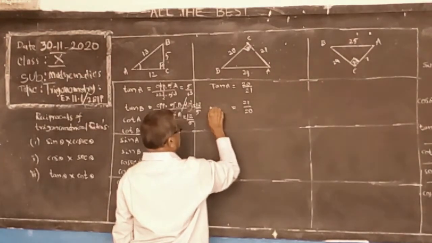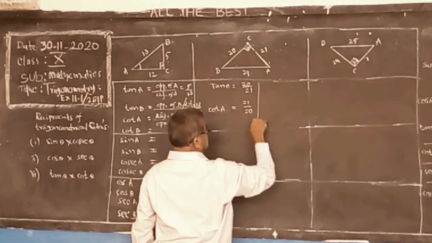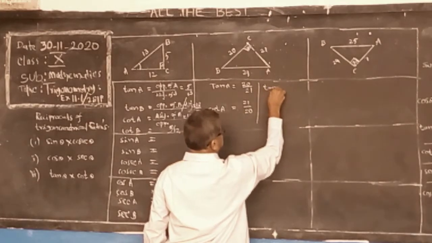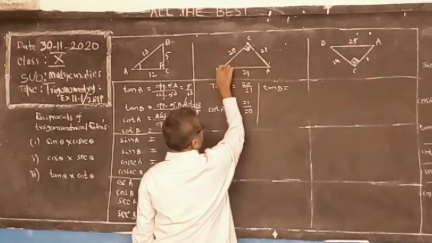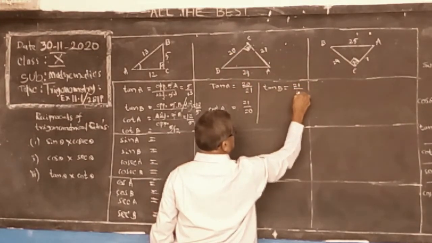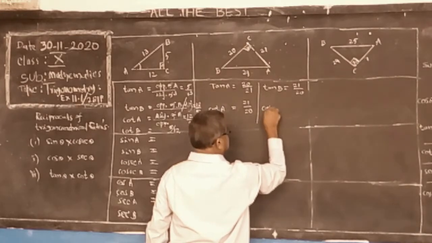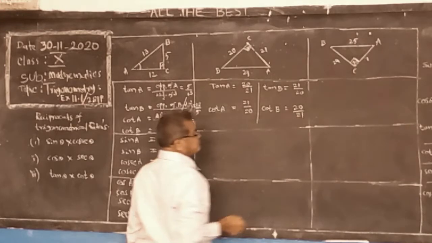Tan A, cot A, reciprocals. Next, tan B is 21 by 20, and cot B, the reciprocal, is 20 by 21.